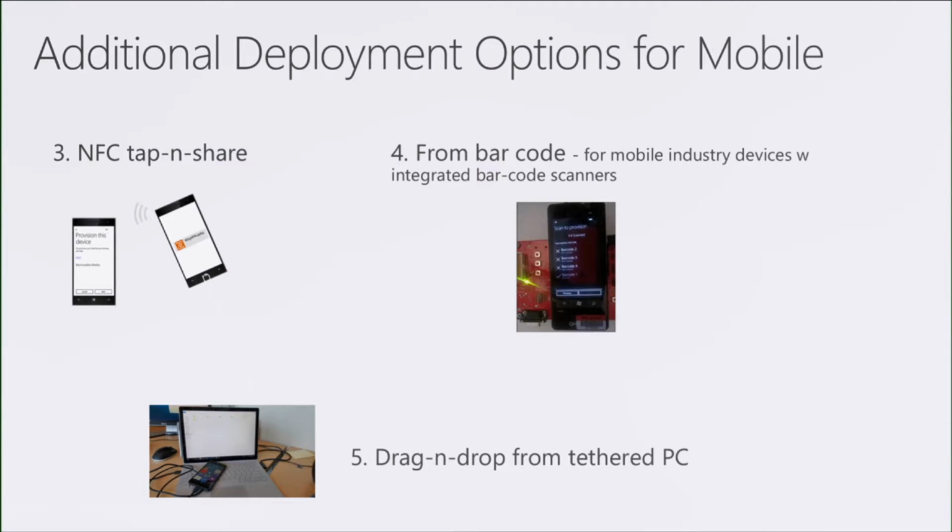You can encode your provisioning pack in a series of barcodes and have the device scan them. Finally, you can drag and drop from a tethered PC. If you have a USB connection to the device, you connect it to your desktop and open it up. You'll see it as a file storage device, and you just drag the provisioning pack to the device, and the device will pick it up and start running it. So those are some additional options on mobile.